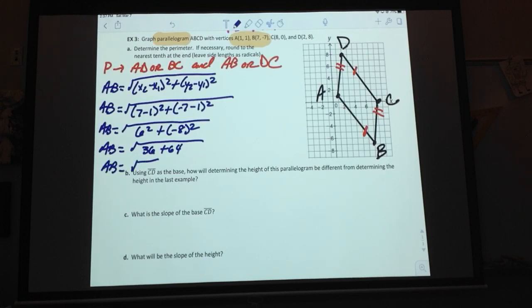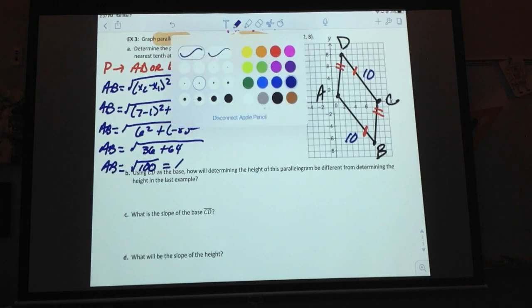AB comes out to be the square root of 100. 100 is a perfect square of what number? 10. So I know that AB is 10. So I know that DC, right, yeah. AB is 10 and DC has to be 10.